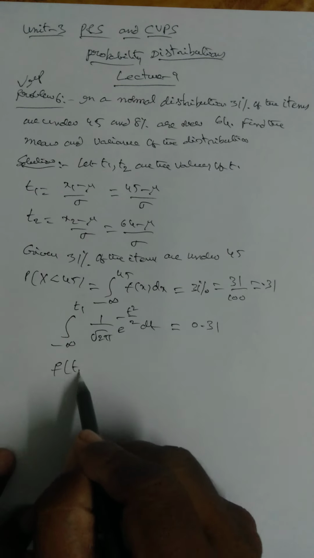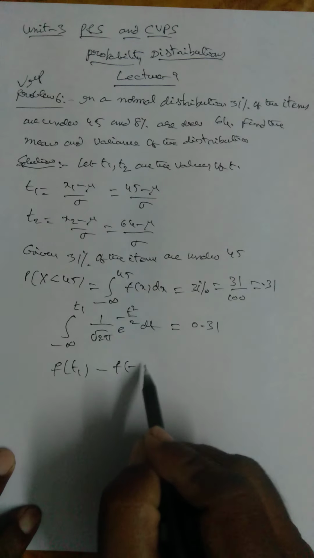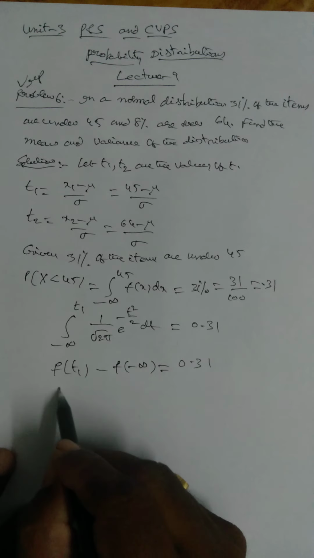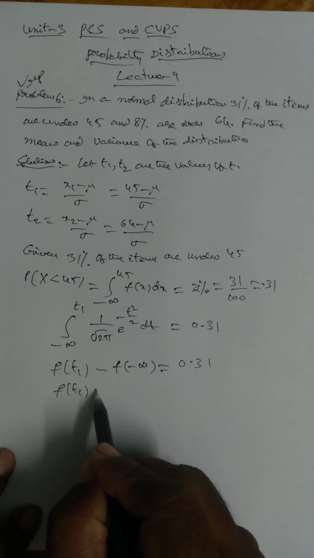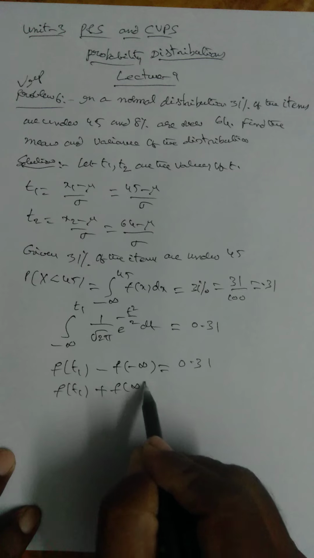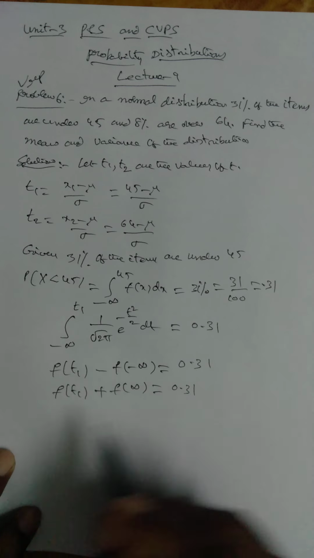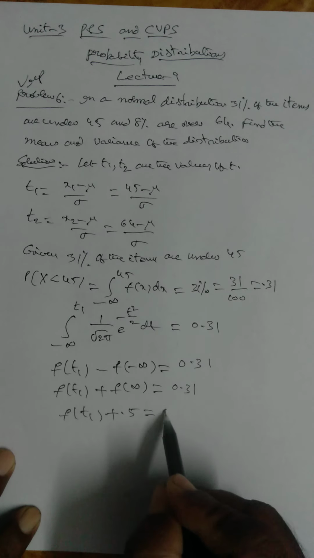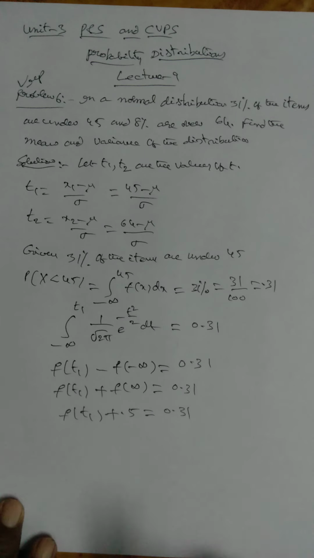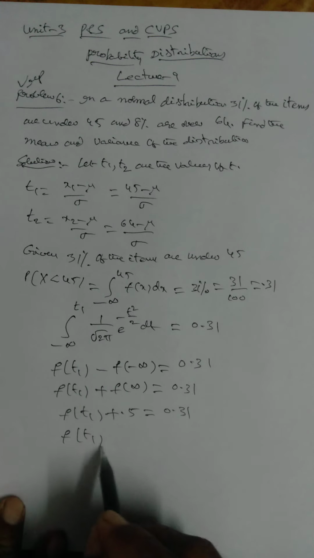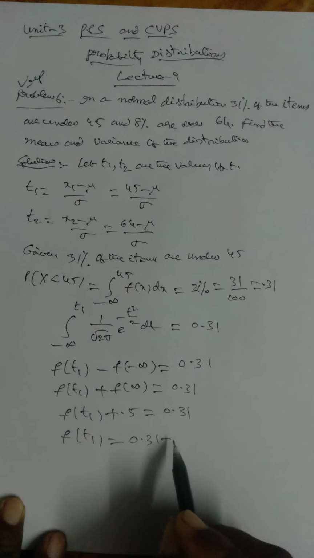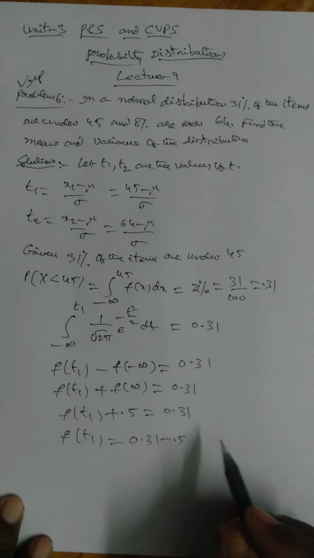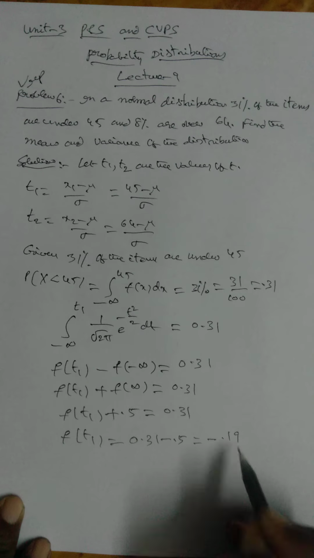F of t1 minus f of minus infinity is 0.31, so f of t1 plus 0.5 is equal to 0.31. So f of t1 is equal to 0.31 minus 0.5, which is nothing but minus 0.19.